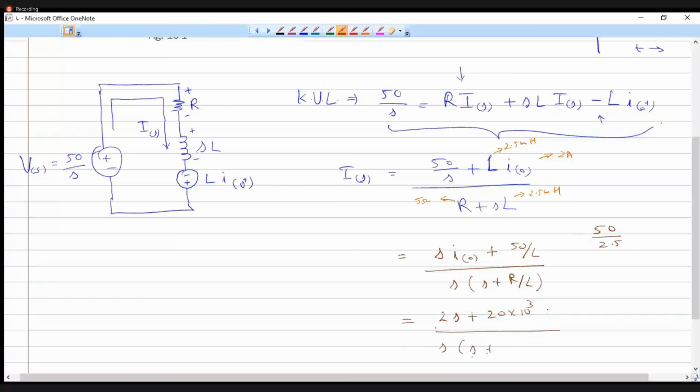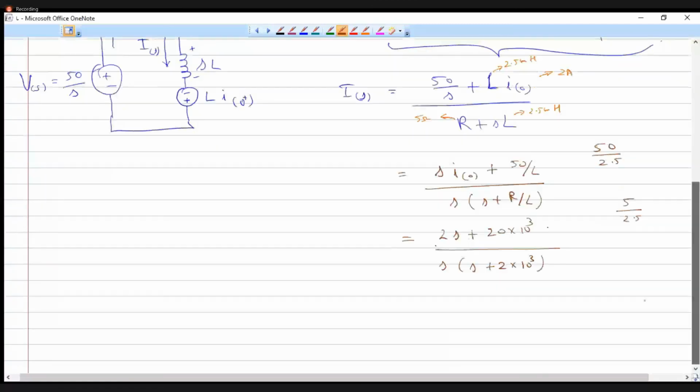Divided by S into S plus R by L. Okay, so here we have R equal to 5 ohm, so that will be 5 divided by L, which is 2.5 millihenry, so that is 50 by 25, that is 2. So that will be 2 into 10 power 3.